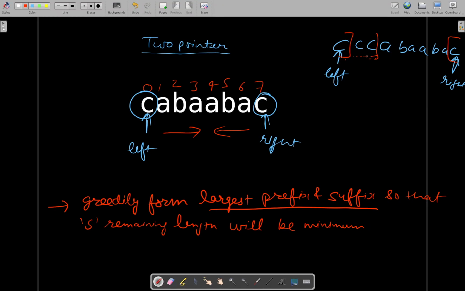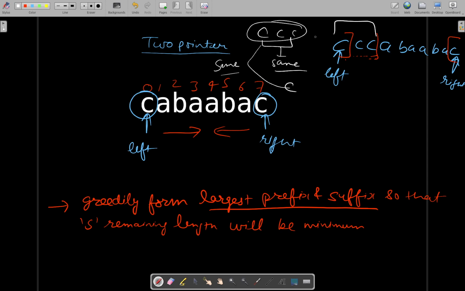Okay, so here if you see that if you will pick triple C, then all the characters are same. C C C, all the characters are same, and characters that are there in prefix and this was your suffix are also same. Okay, and these two should be non-empty.